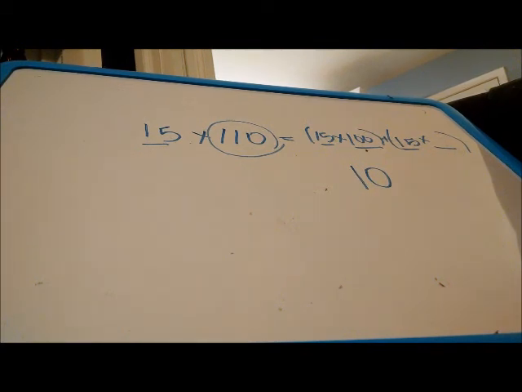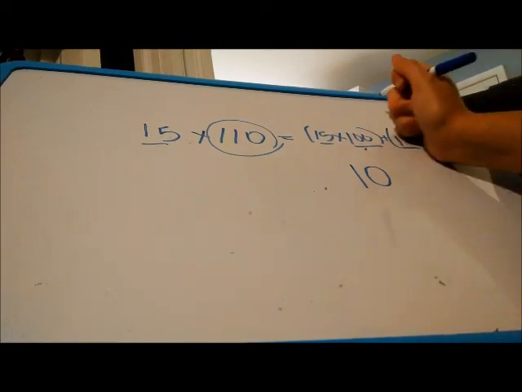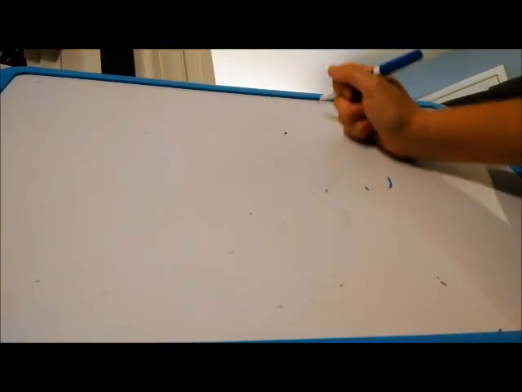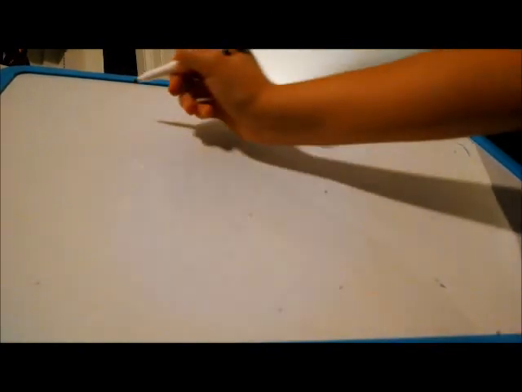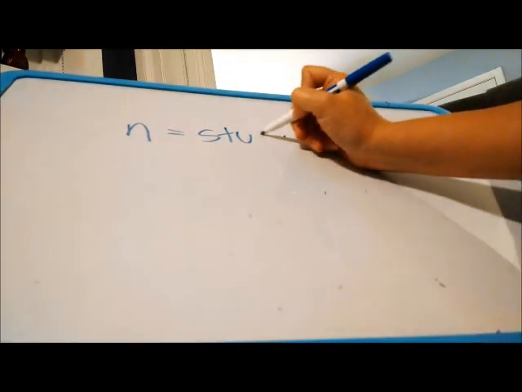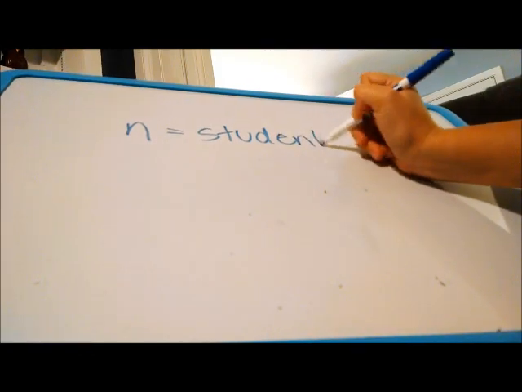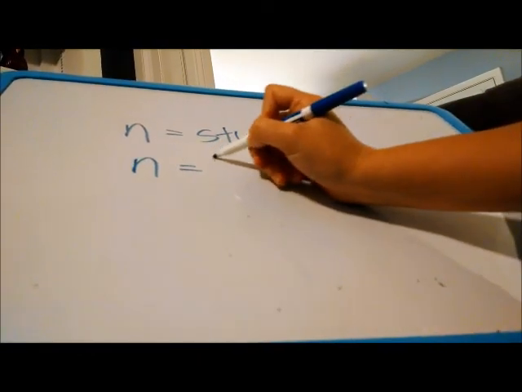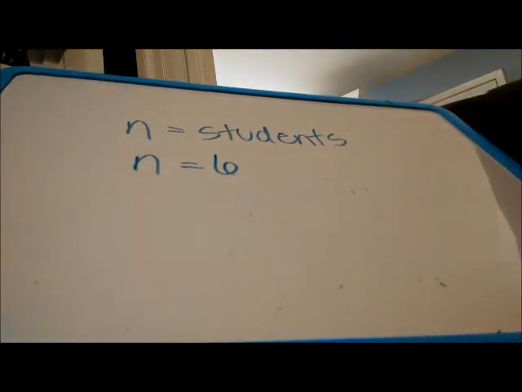Number 8. The cost of N students to attend a workshop is 7N plus $12. What is the cost for 6 students to attend? Well, they give us the variable N to equal how many students. Then they tell us that the number of students is going to be 6 for this problem.